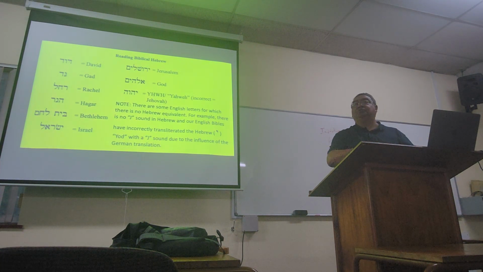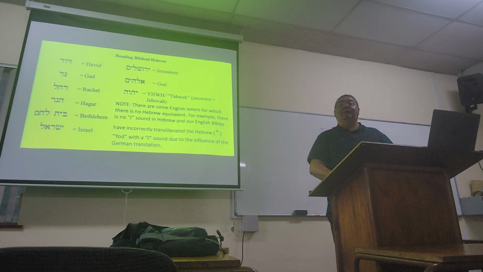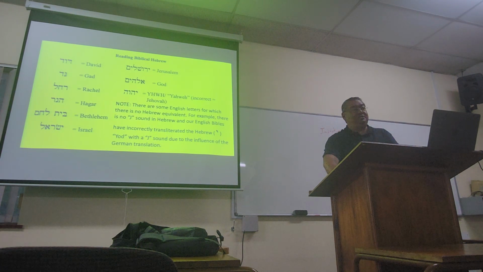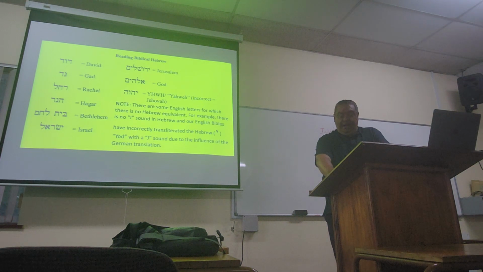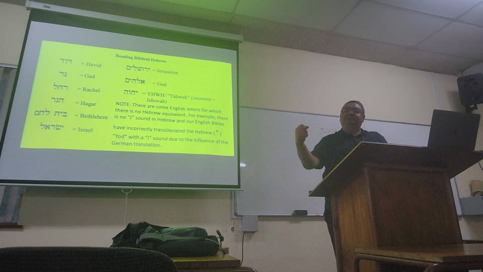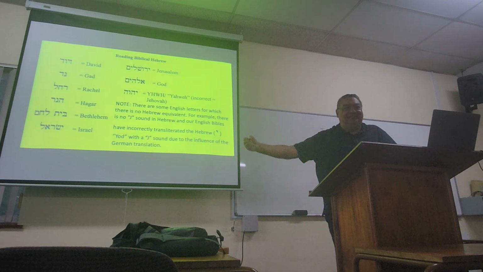Because the guys who invented, and we finish now, the guys who invented the vowel points, the Masoretes, we're going to learn about them next week, they came up with a way of trying to communicate the way in which they pronounced the divine name, which was that they didn't pronounce the divine name.